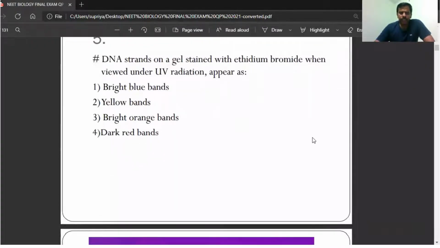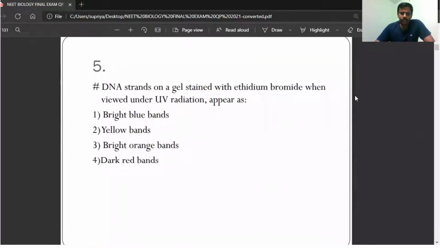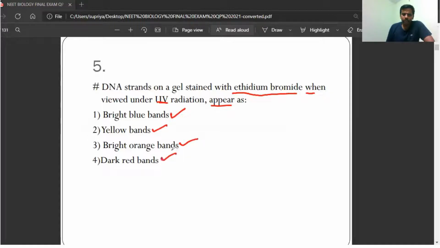See, DNA strands on gel stained with ethidium bromide staining dye, when viewed under UV radiation appear as, see the options given: bright blue bands, second option yellow bands, bright orange bands, and dark red bands.